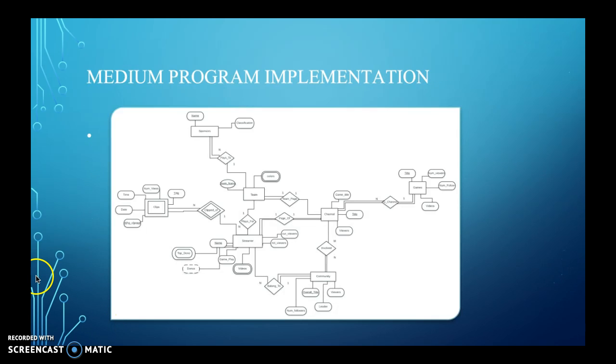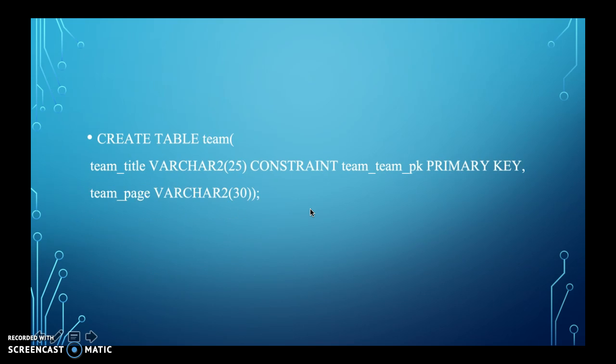Then, like we can see on the ER diagram, there is a relationship between team and channel. So that means we need to create a foreign key.